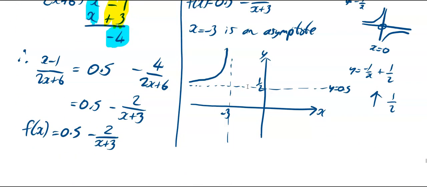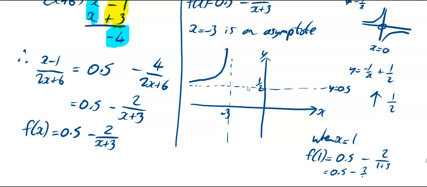So we'll just say when x equals 1, your f of 1 would be equal to 0.5 minus 2 over 1 plus 3, which is going to be 0.5 minus 2 over 4, which is 0.5 minus a half, which is 0. So f of 1 is actually 0.